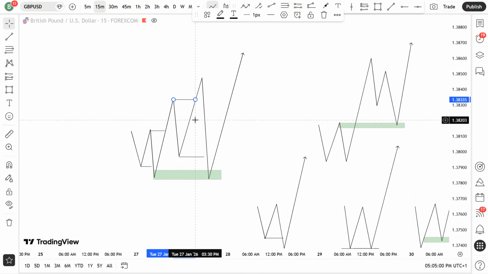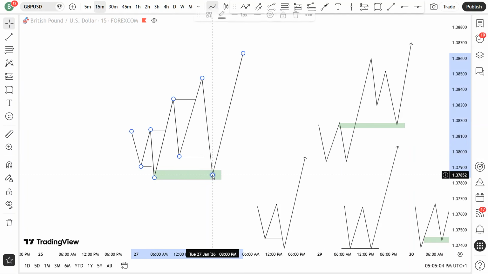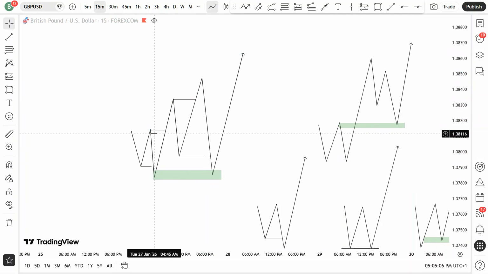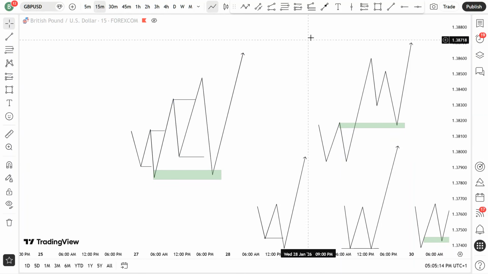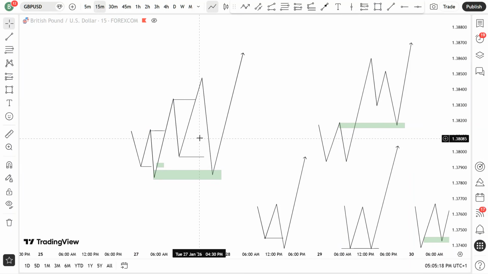It gives you confidence that buying from here is a high probability trade. Price gives you the structure shift here, and another break of structure with an inducement here. Fair value gap will be around here, and also around here in the other block. Price mitigating here will give you confidence that this will be a high probability trade, right?